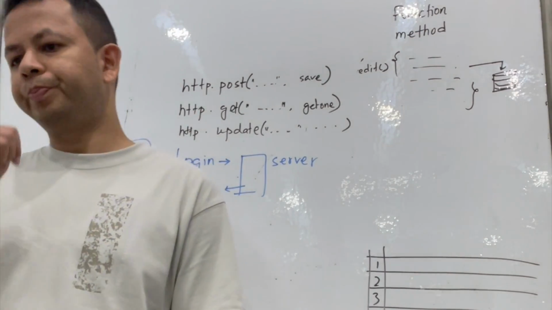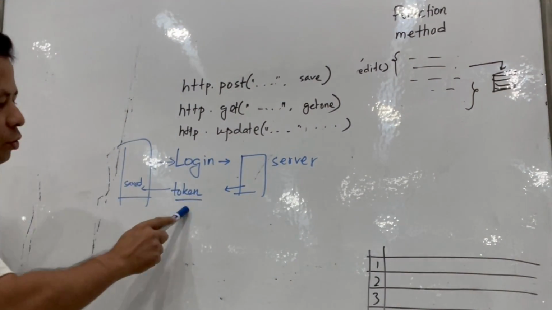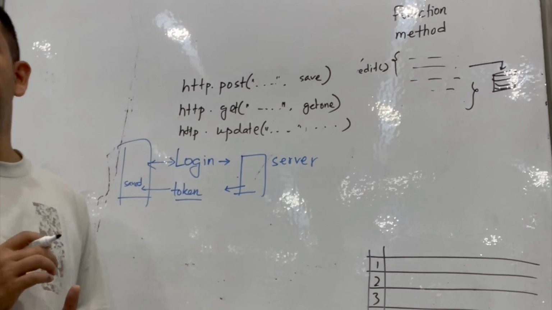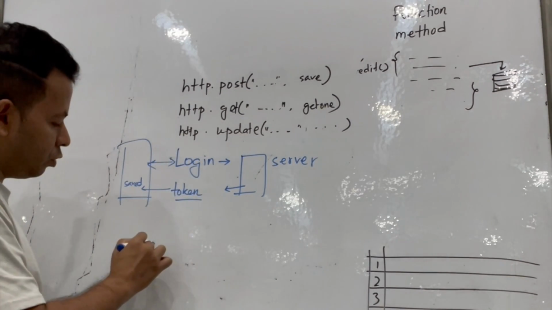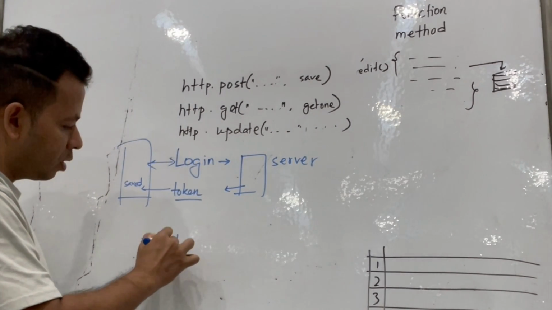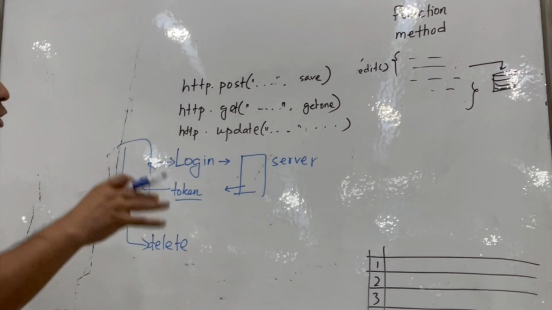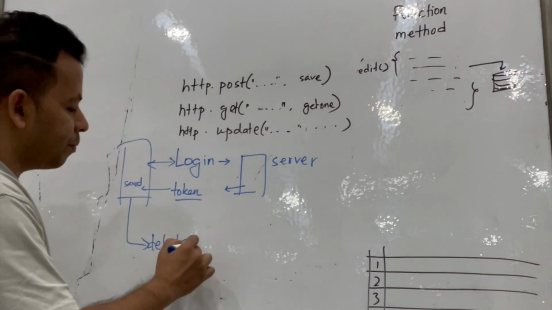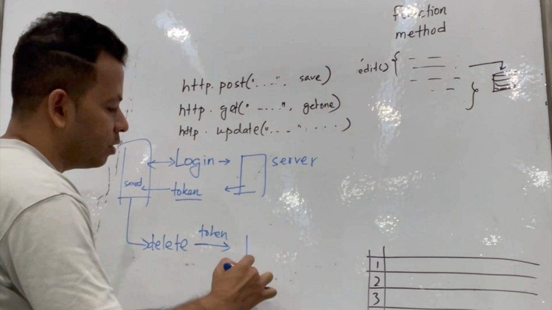Now, the power of this token is that, for example, you have the token saved in your mobile phone, and this time you want to click on a button and delete something. In general, our code in the mobile phone will take the token and send it to the server.